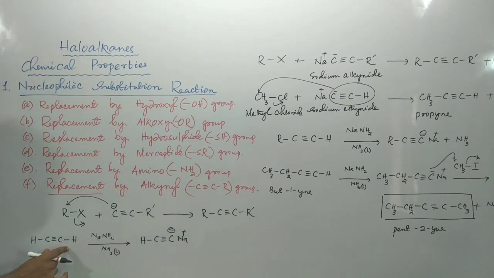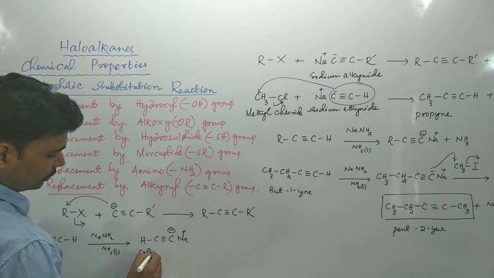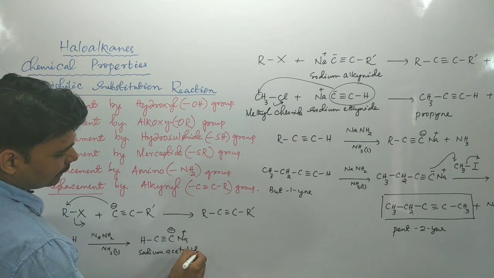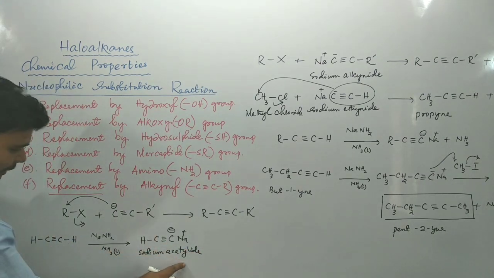When acetylene is treated with sodamide, you will get sodium acetylide, or sodium ethynide.